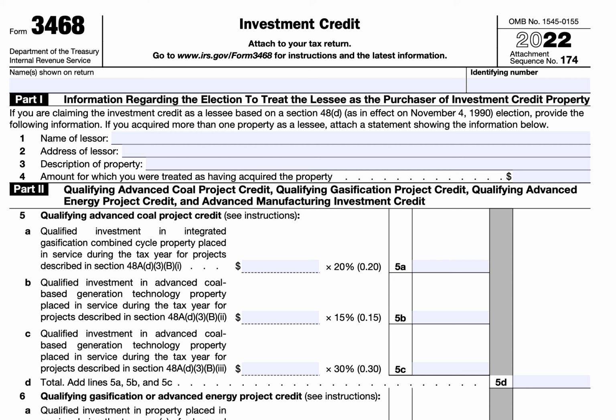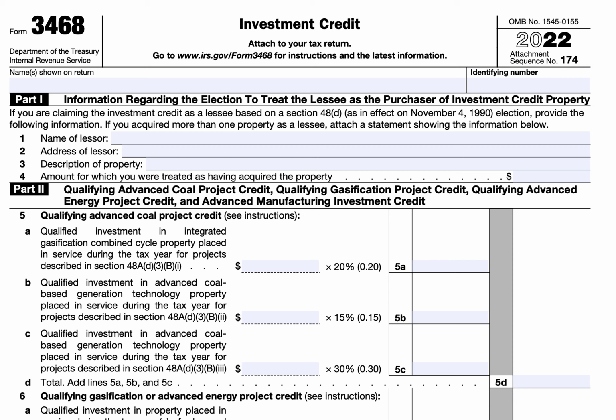And finally, there are a couple of other recapture provisions in the form instructions that are a little bit less common. If you are a shareholder, partner, or beneficiary in a pass-through entity, then the entity may provide you the information to complete these lines in your respective documents.